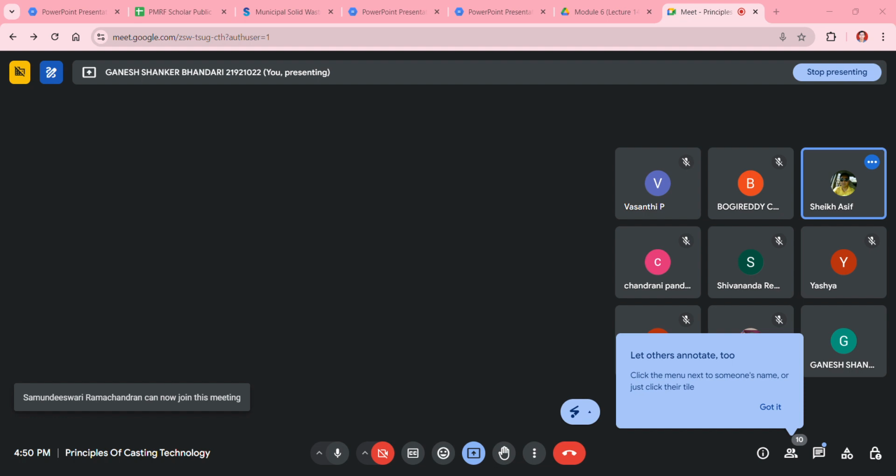So the next question is, estimate the time required per week as a function of round trip haul distance for hauled container system. So we are talking about haul time. Okay, we have to calculate haul time.